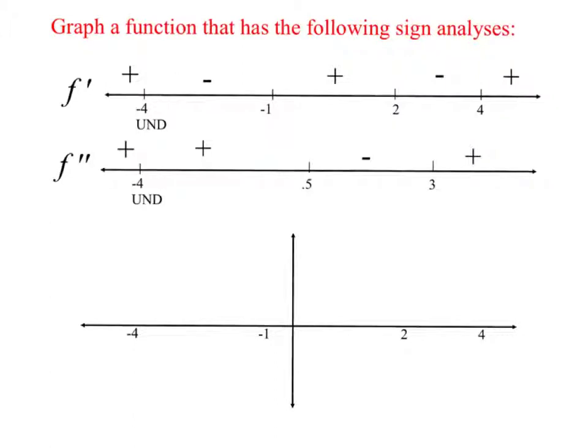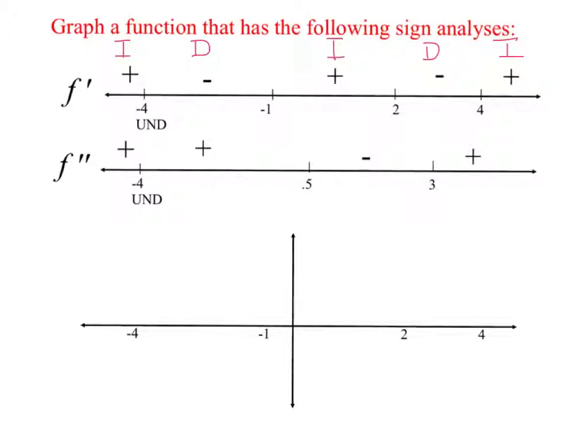Let's do that same thing one more time on this slide. I'm just going to fill it out real quickly. We know the function is increasing, then decreasing, then increasing, then decreasing, then increasing.